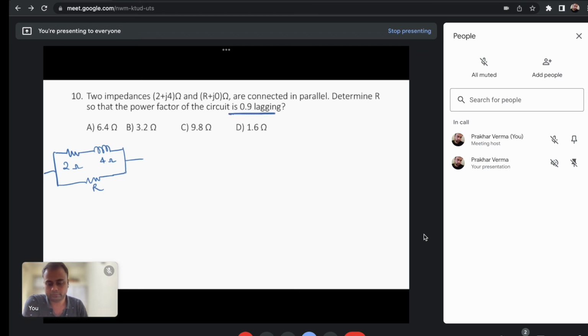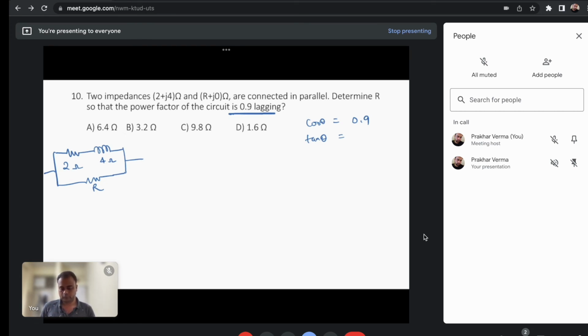So obviously the circuit will be lagging because we have an inductor in the circuit. There is no capacitor, so there is no chance that the power factor will be leading. So we have to get the power factor, that is cos theta, they have provided as 0.9. So we calculate tan theta, because tan is significantly simpler, as you can just do perpendicular by base and calculate this.